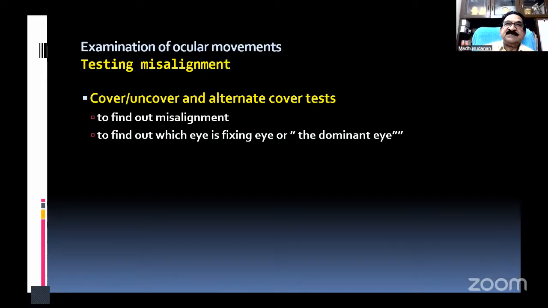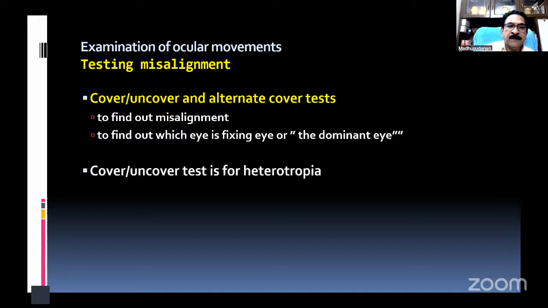Now, what are these tests for? For testing misalignment: cover, uncover, and alternate cover test. To find out misalignment, and to find out which eye is fixing, which is the dominant eye. Cover, uncover test is for heterotropia, that is, a squint which is already present.